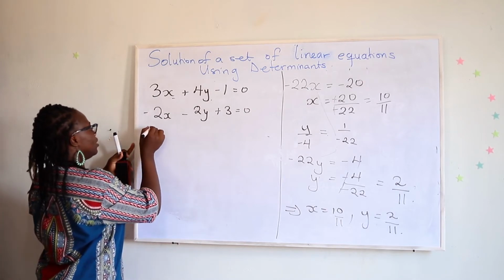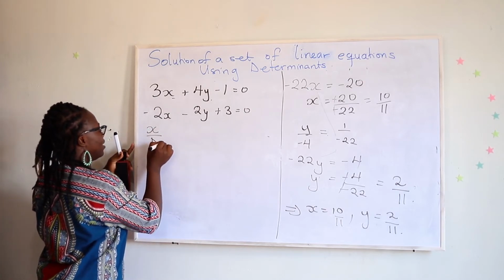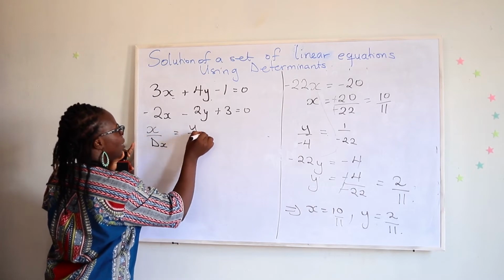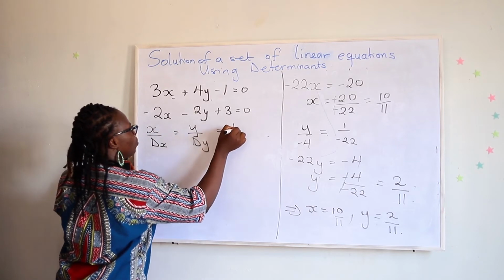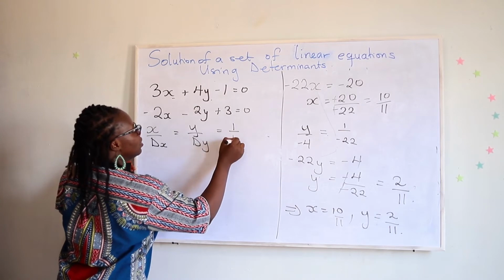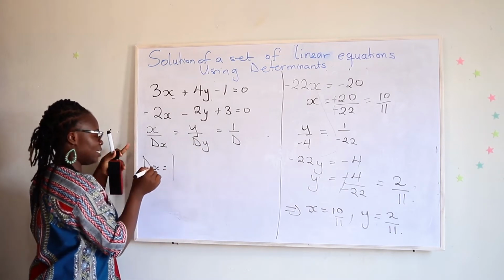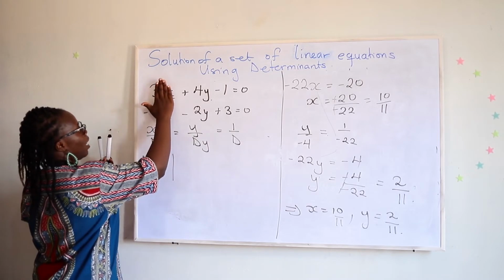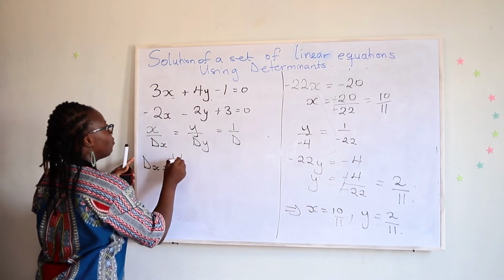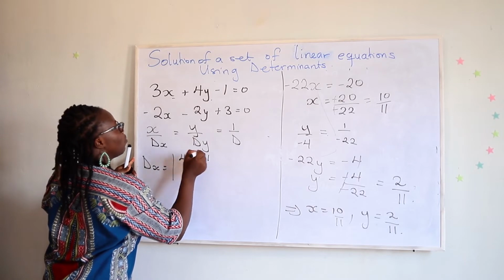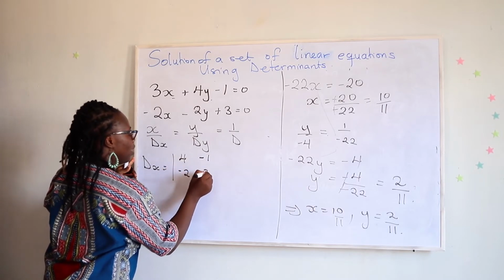We are saying the solution is giving us x over dx equal to y over dy equal to 1 over d. What is the x? The dx is a determinant if I cover the x part. So what do I have? I have 4, minus 1, minus 2 and 3.